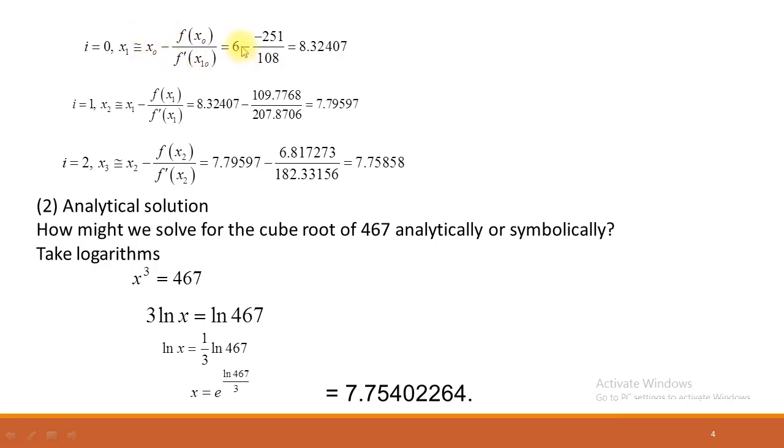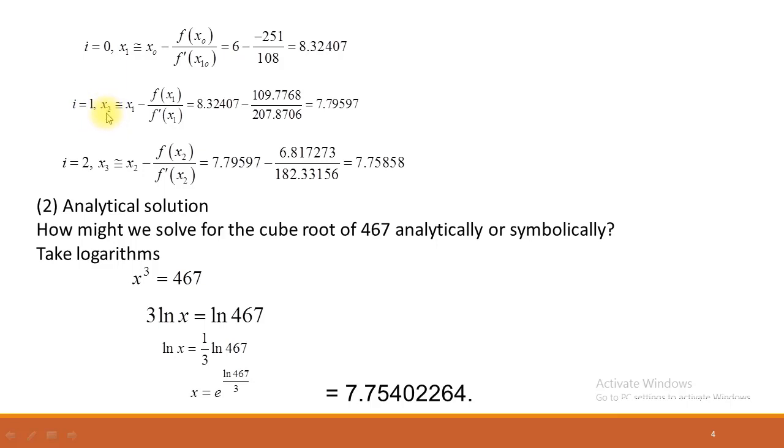Putting the value of x naught, which is 6, into the original equation, we obtain minus 251 divided by the derivative of the function at x naught, which is 108. Now after simplification, we obtain x1 equals 8.32407.